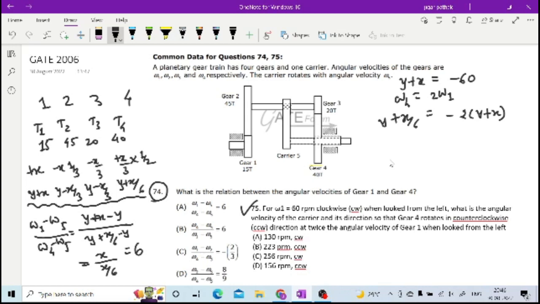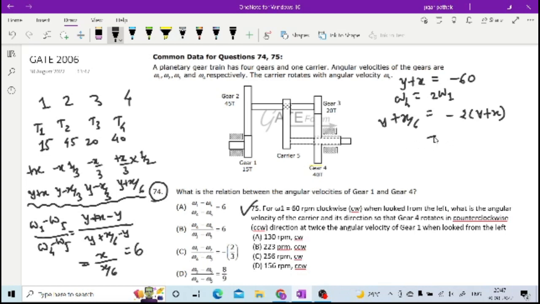So y plus x by 6 is equal to this minus 2 x plus y.